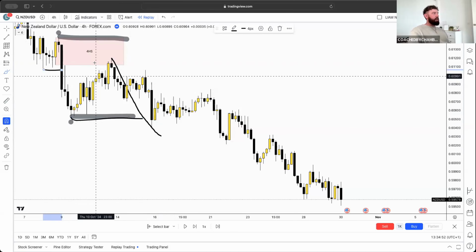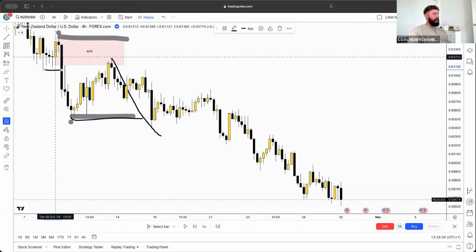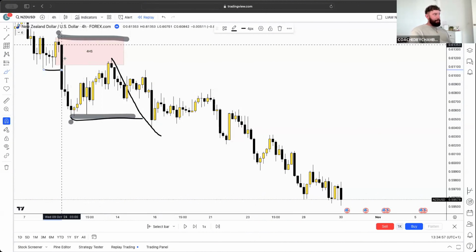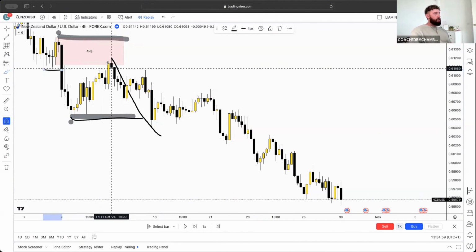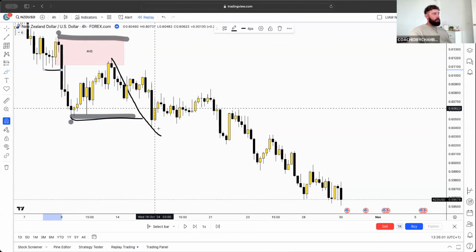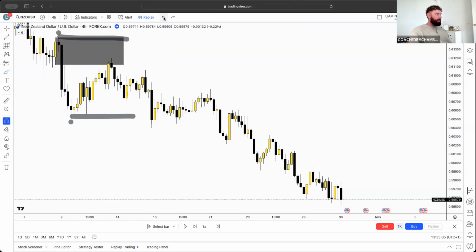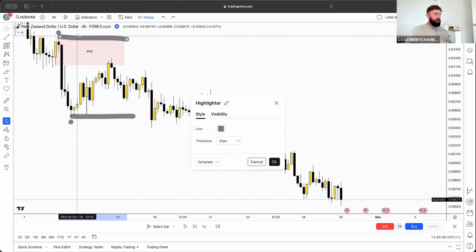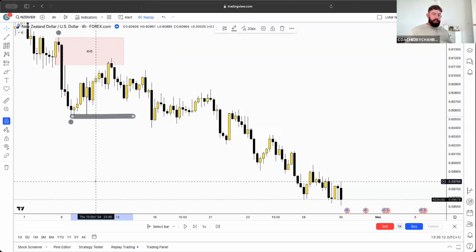So we come back into this 4-hour supply area, this last buy candle, which also has imbalance in between, which is another confirmation. And that is what caused the market to break this next lower low. So you can see this first area here. Let's break this down.